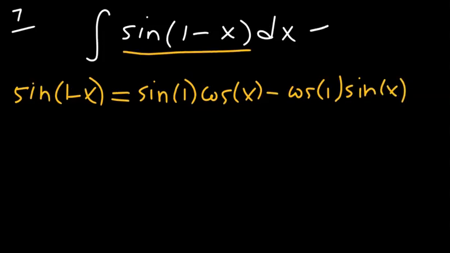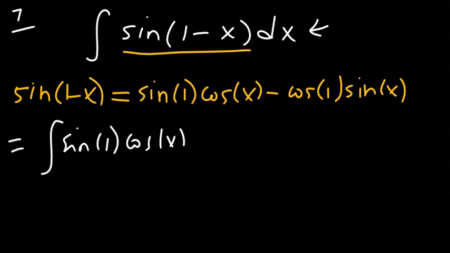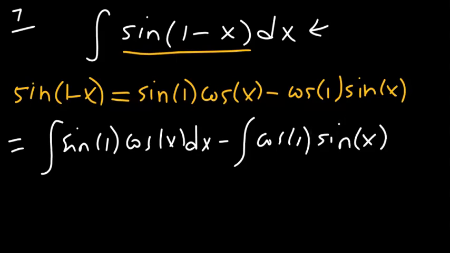So this integral here can be broken up into two. The first integral is sine 1, which is a constant, cosine x dx minus cosine 1, which is again a constant, sine x dx. Now we can take the constant out, so sine 1 outside.